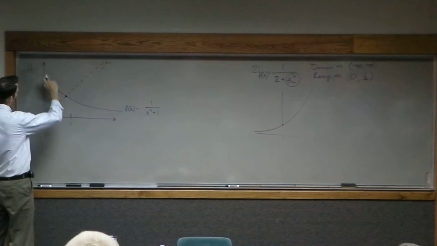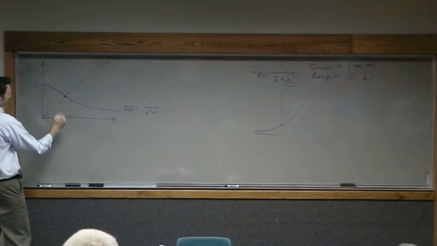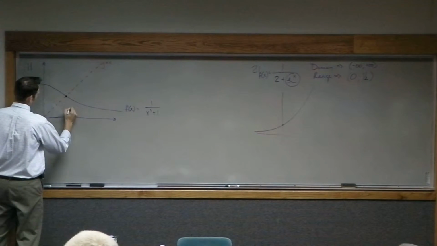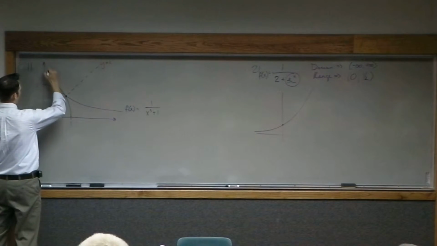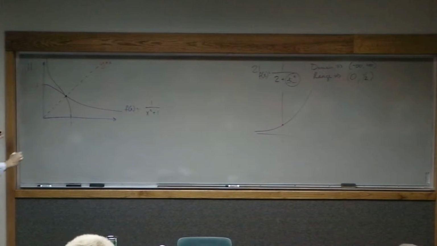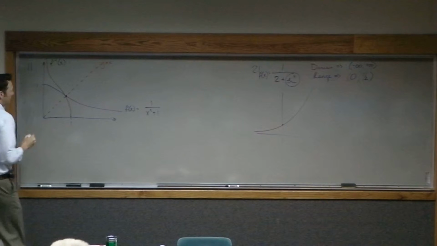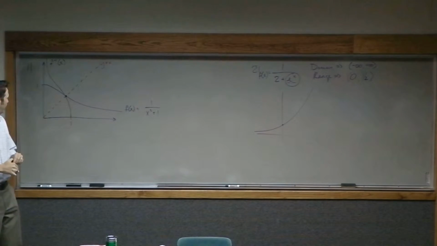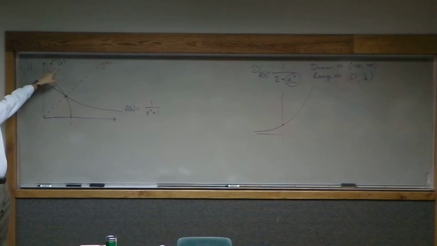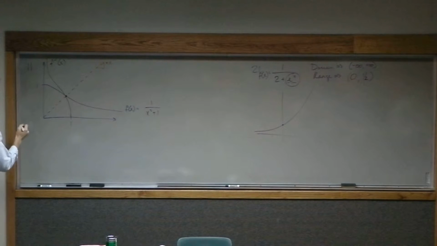And then get closer to the positive y. It's going to look something like this. This is the inverse function. And then it wants us to find the domain and range of the inverse.